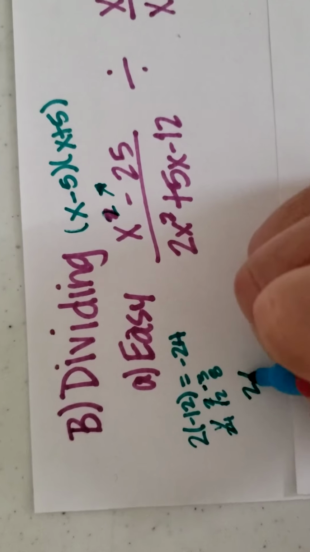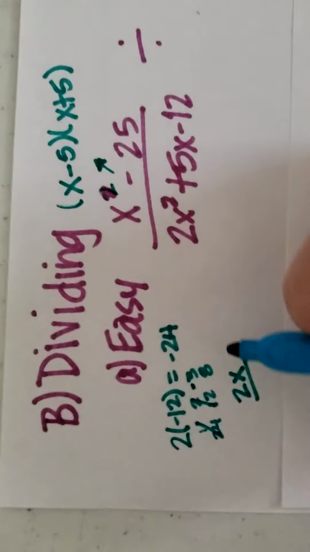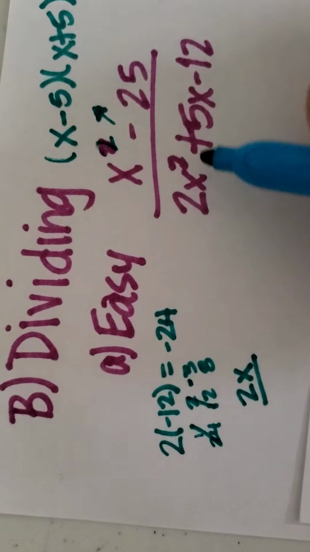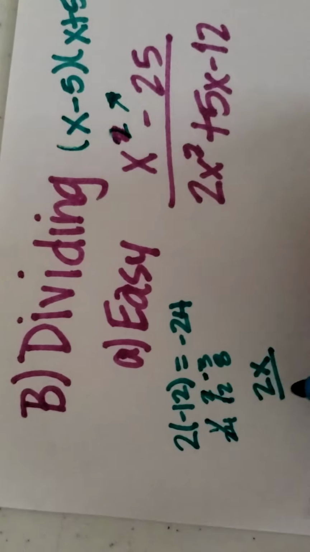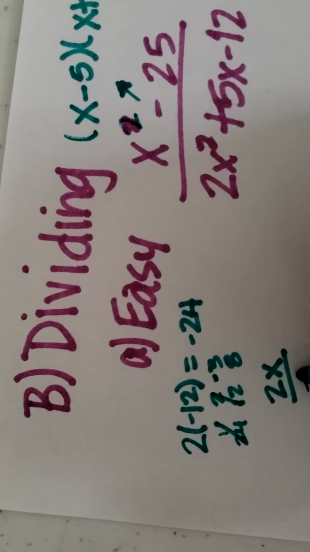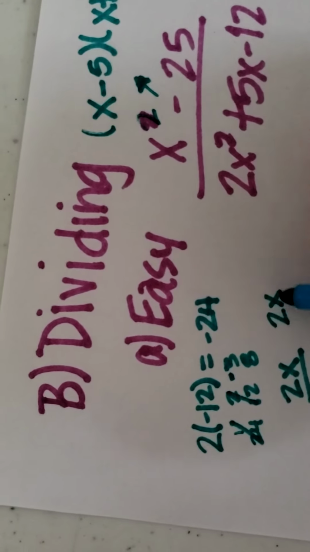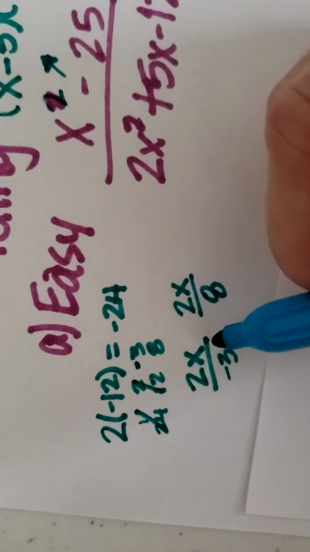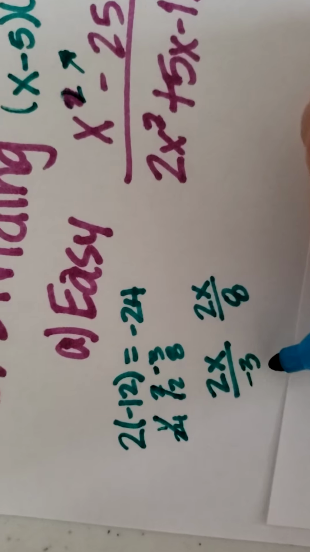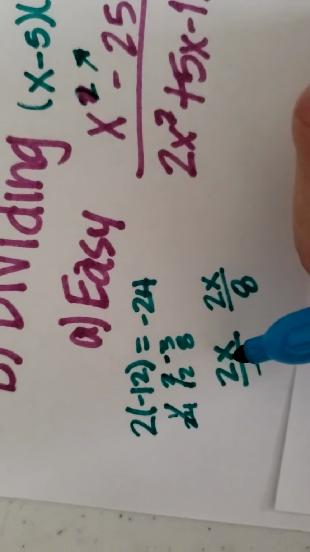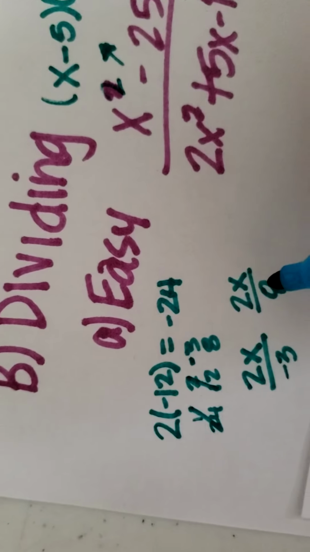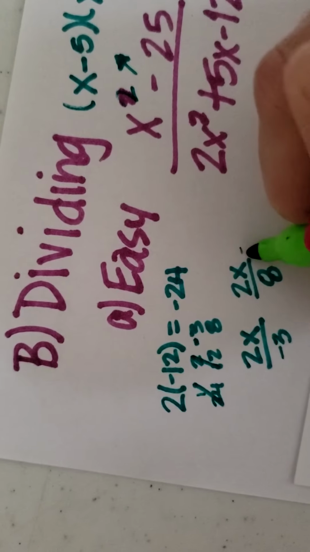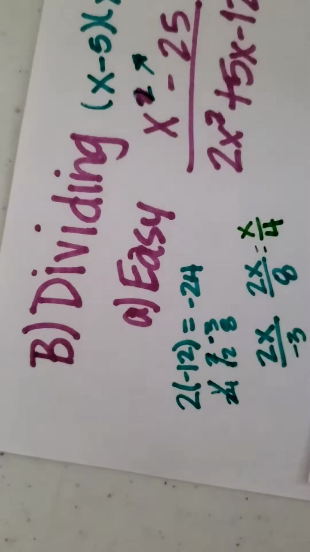So remember that our rule says that when we are having to do this type of factoring, we take the first term, without the square value, and pop that over the first factor, and then again over the second factor. All right, so we got 2x over negative 3. That won't reduce anymore, but this 2x over 8 will, and I want you to see that it becomes x over 4.